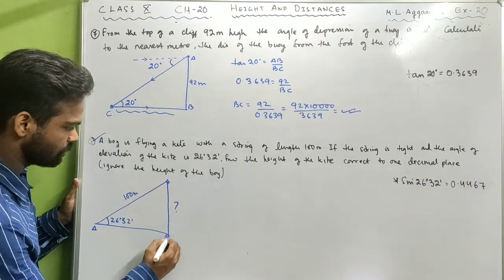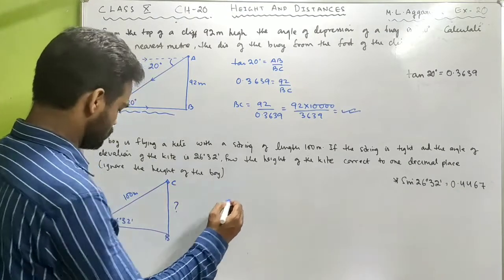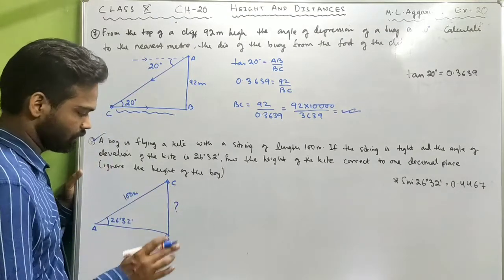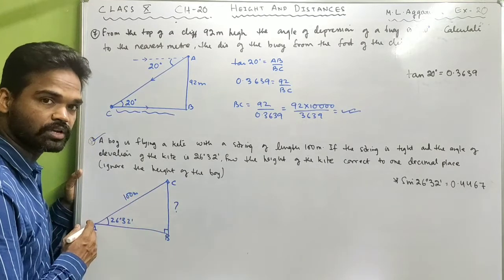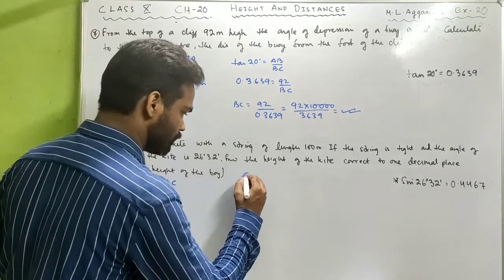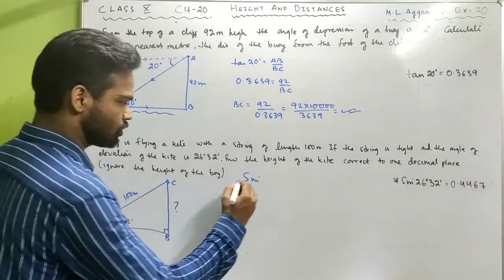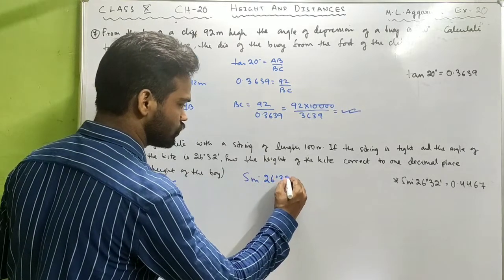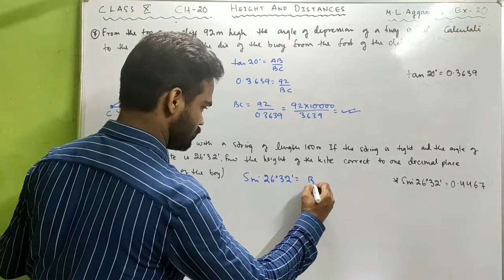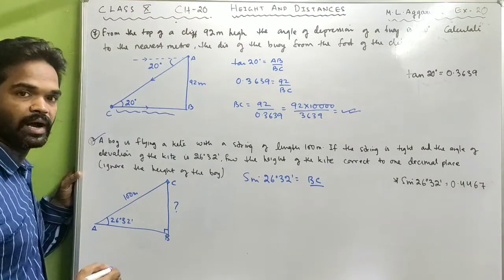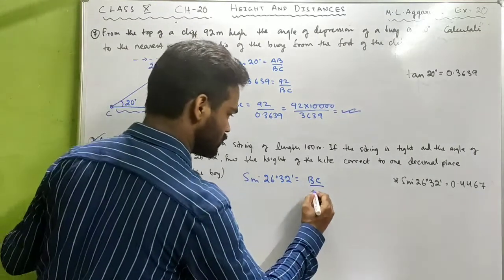Suppose A, B, C. Again, over here if you look carefully, we need to calculate the perpendicular and the hypotenuse is given. So use sine. Sine 26 degree 32 minutes, some people have, which means perpendicular by hypotenuse, which is AC.